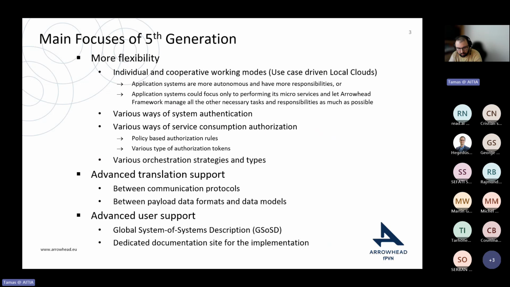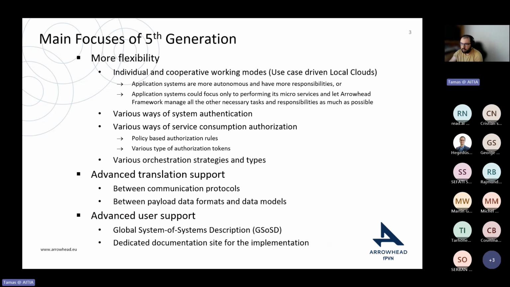With the help of translation support, you will be able to use communication protocol translation between the consumer and the providers, but also you will be able to translate the payload from a specific format to another format, and you can translate the data formats, but also the data models.